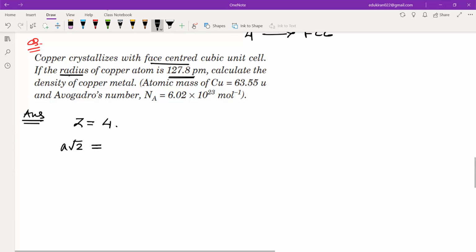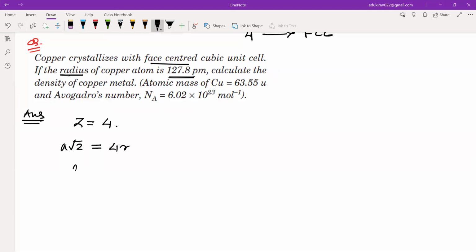So a root 2 is equal to how many r's? a root 2 is equal to 4r, right Maimuna? Yes, 4r. Why are you saying 2r? Okay, 4r.